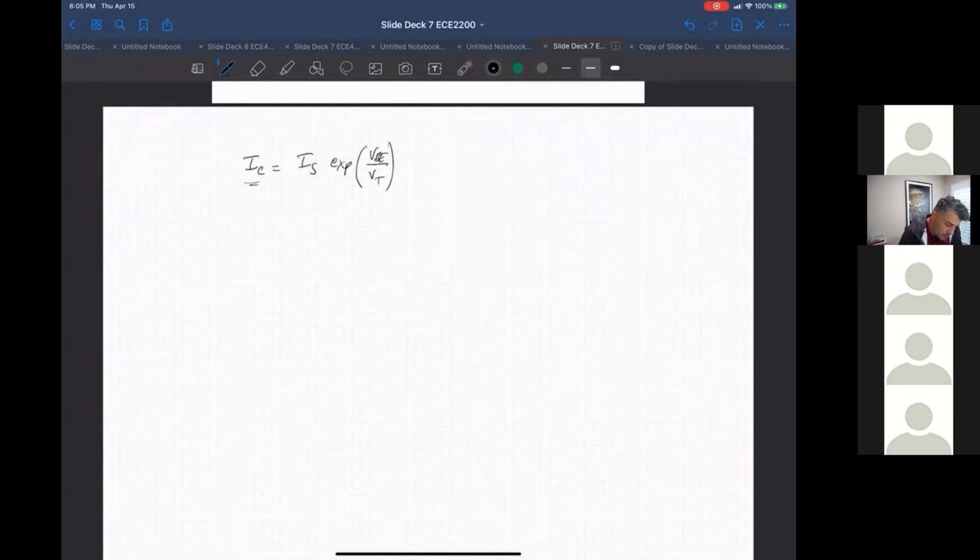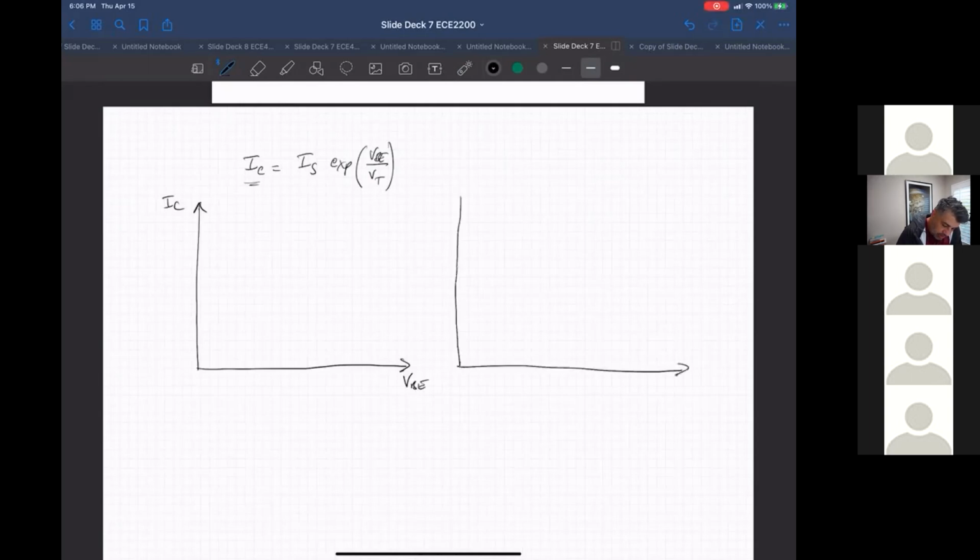So we have two graphs. If we graph I sub c versus VBE, and then another graph that's I sub c versus VCE, because you could have a collector voltage and an emitter voltage.